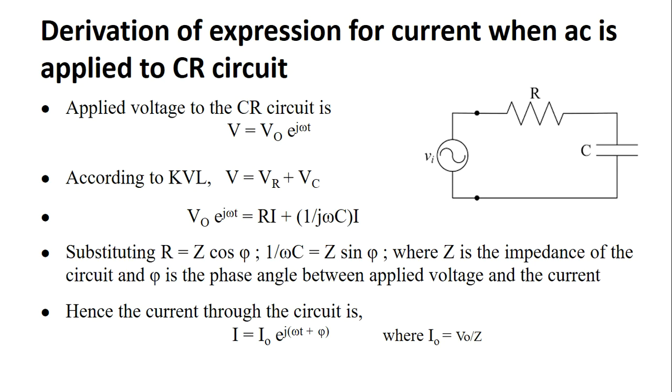That can be written as V0 into e to the power j omega t is equal to R I plus 1 by j omega C into I.